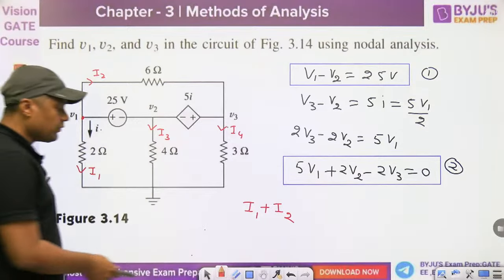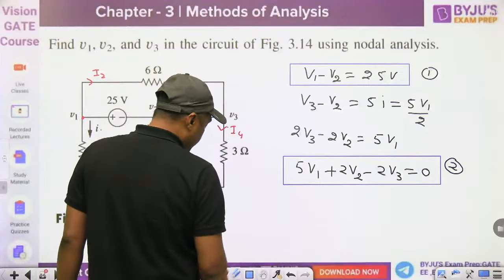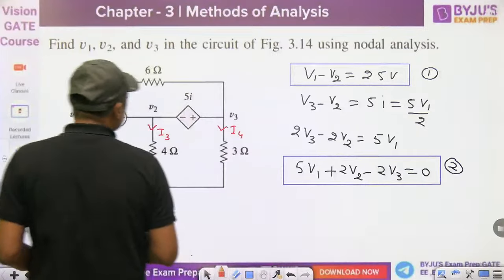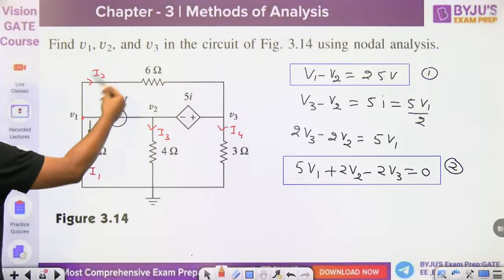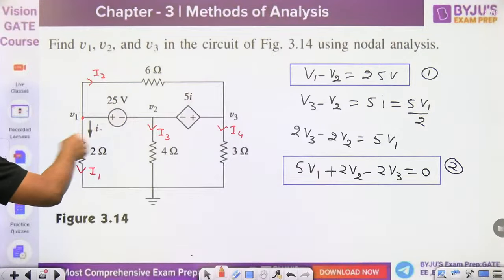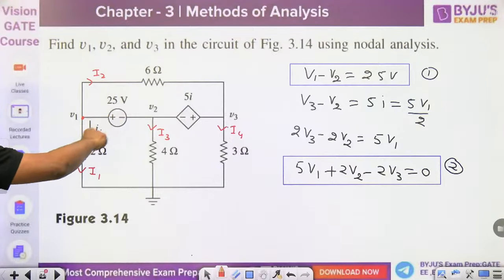So this is the homework for you. In the next class, I will give the answer for this question. You can also use Cramer's rule, or you can use mesh analysis or nodal analysis, or just the supernode, because in the supernode we directly get the relation between these two nodes, and then finally you can apply it. Try to write these equations, guys.